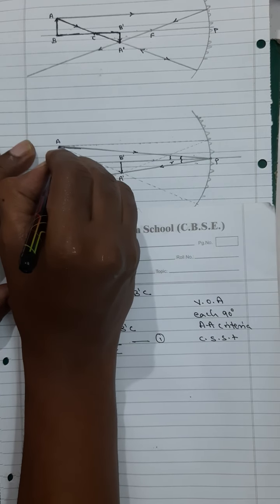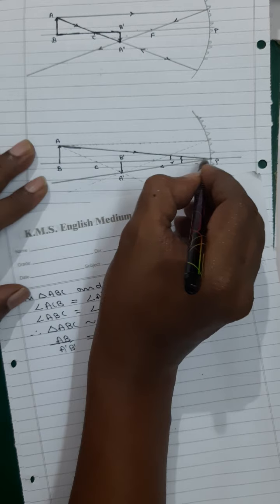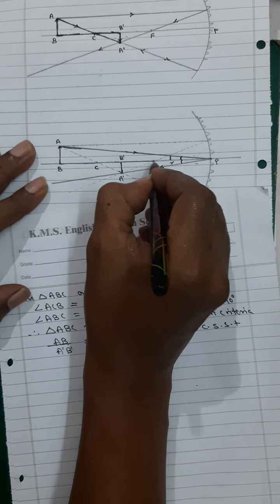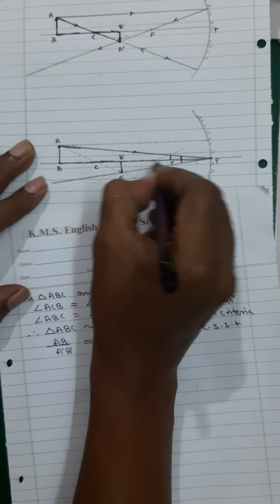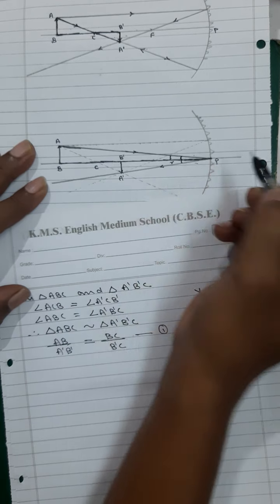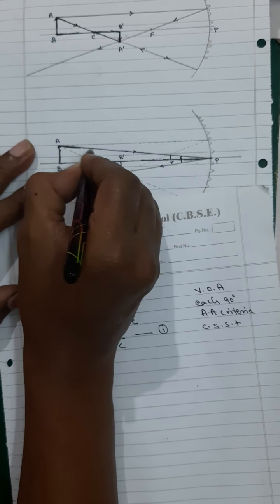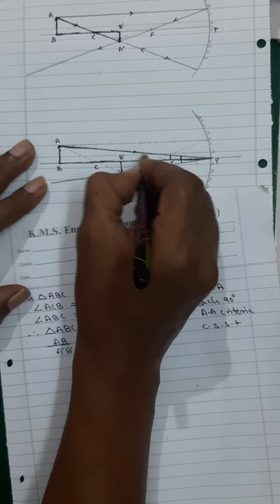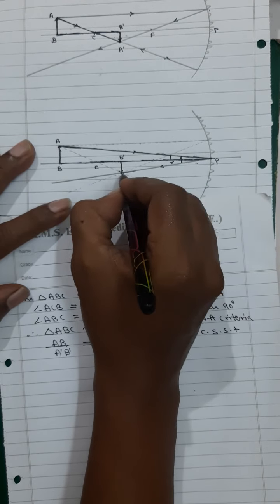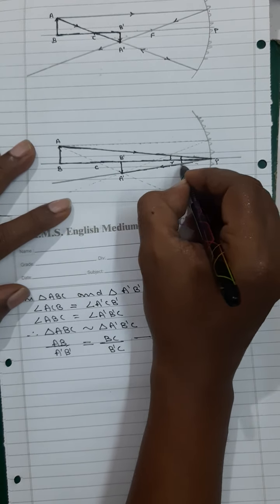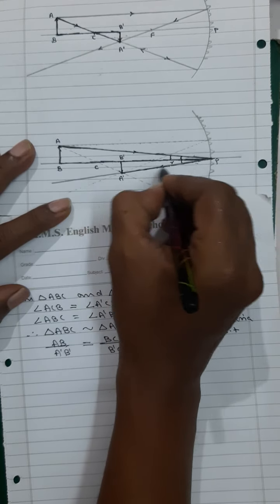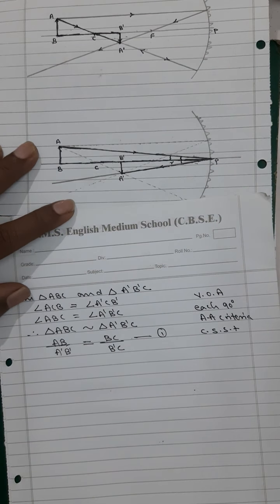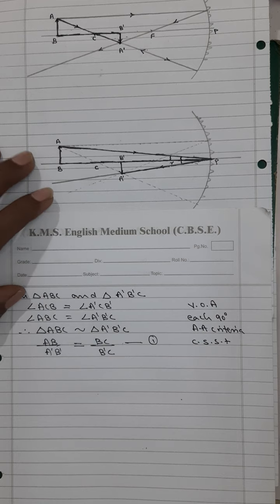One is APB, and the other one is A dash B dash P. I hope you all are able to make out these two triangles that I have drawn over here. These two triangles are described because of the object and the image.